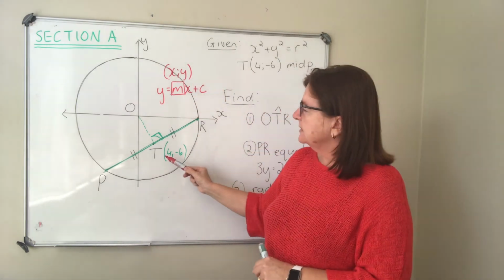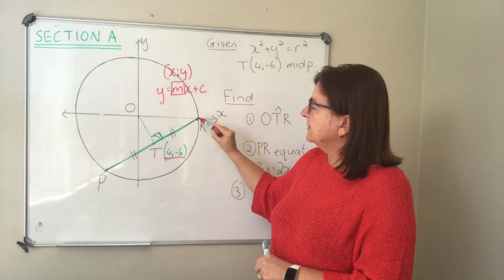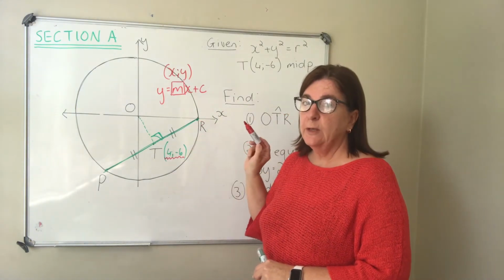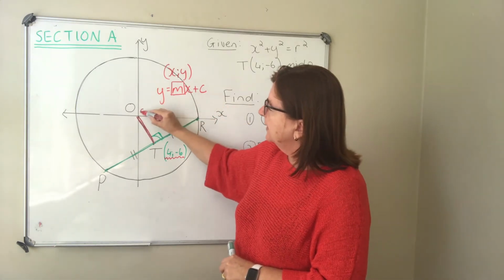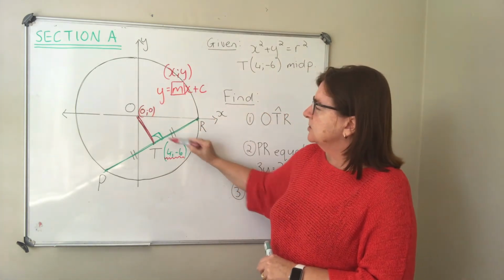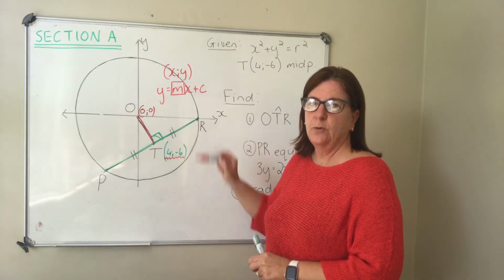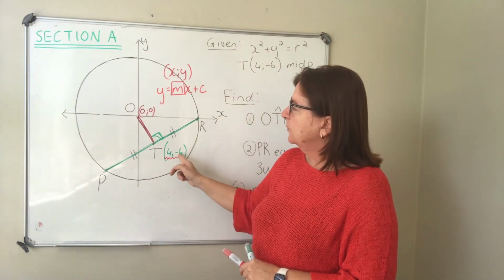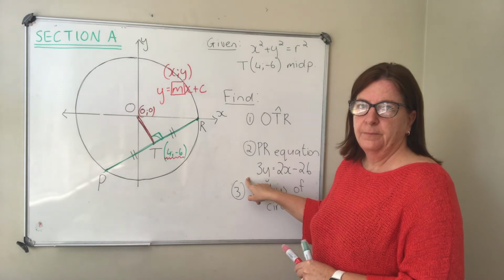So we have our random point (x, y), there it is, (4, -6), because it lies on the line PR. And the second thing we need is the gradient of PR. We don't have the gradient of PR, but we can find the gradient of OT because we've got the origin (0, 0), and we've got the point T. So we find the gradient of OT, and then it's easy to find the gradient of PR because they're perpendicular. So once we've got the random point and the gradient, we can then find the equation of the straight line.